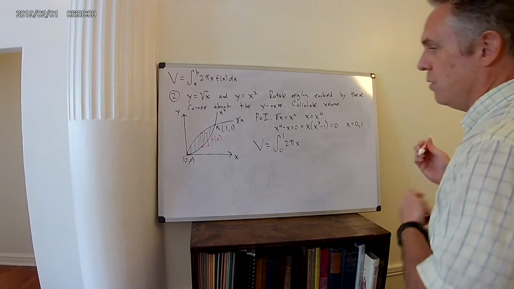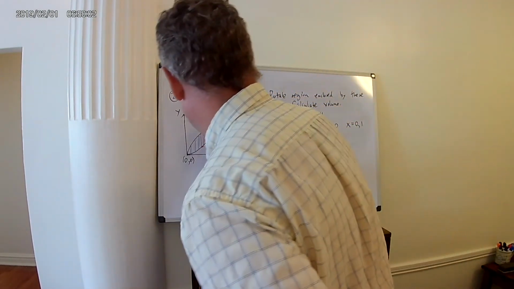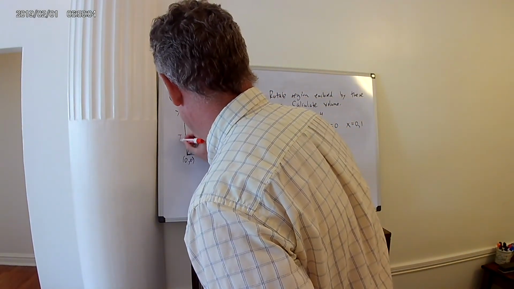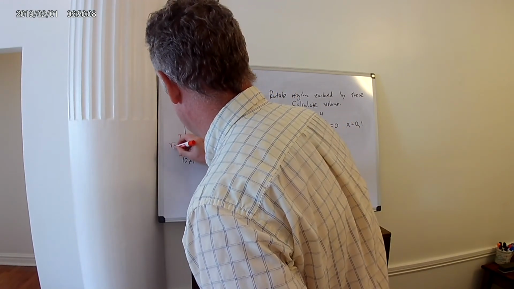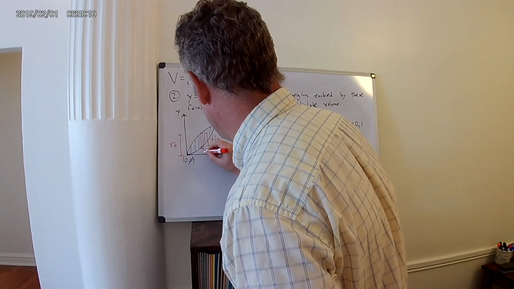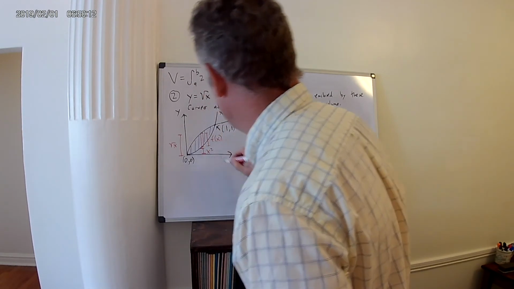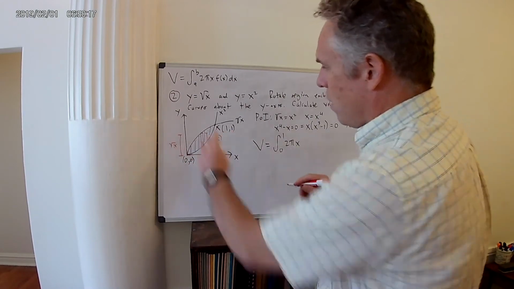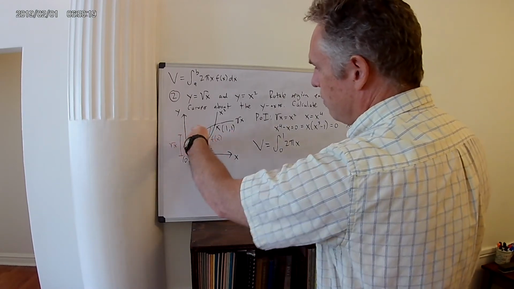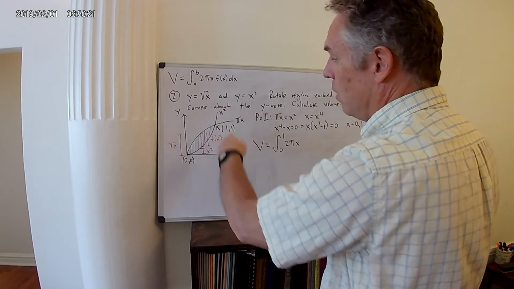Well, this height is square root of x, and this height right here is x squared. So f of x is simply square root of x minus x squared. The height of this rectangle is the height of the top curve minus the height of the lower curve.